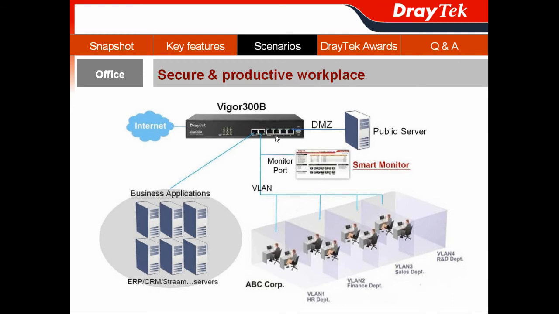And in its LAN 2, you can hook up the Smart Monitor as the monitor port to sniff what your employees are doing during working hours, and it offers up to 4 VLAN groups, so you can monitor your employees and also isolate them by different VLAN groups. So you got an absolutely secure and productive workplace.